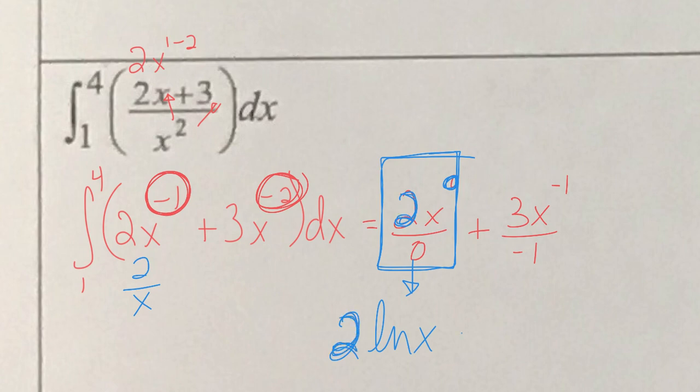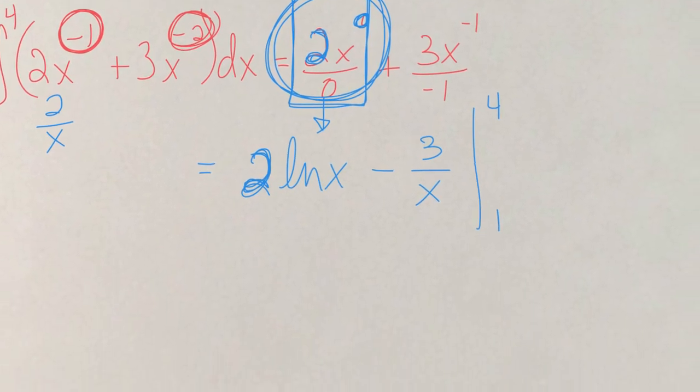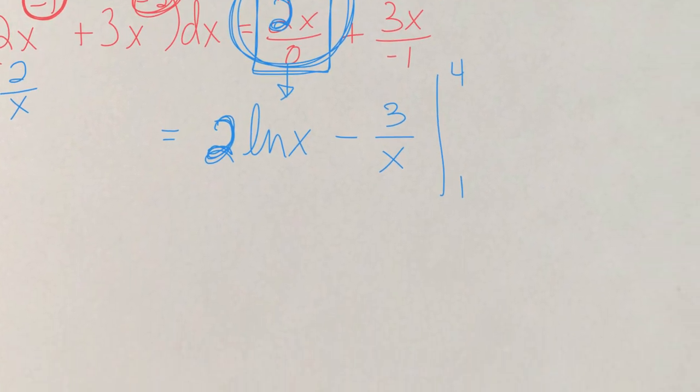And then minus 3 over x, and this is what we're going to evaluate from 1 to 4. You need to be able to recognize this x to the 0 business as not being a normal antiderivative. It is a natural log antiderivative. So let's evaluate this at 4.